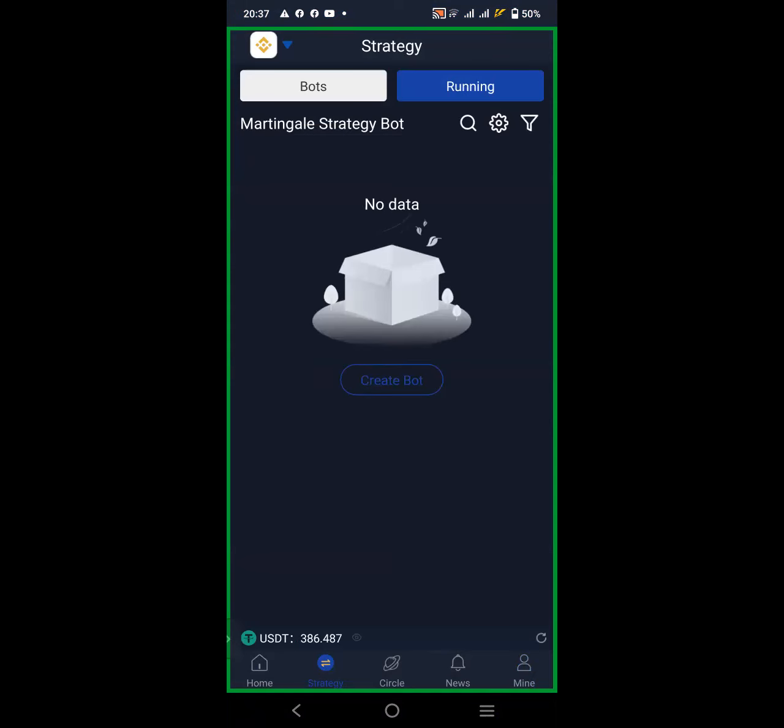And ladies and gentlemen, if you look at the bottom left, you are able to see that USDT is 386 US dollars.